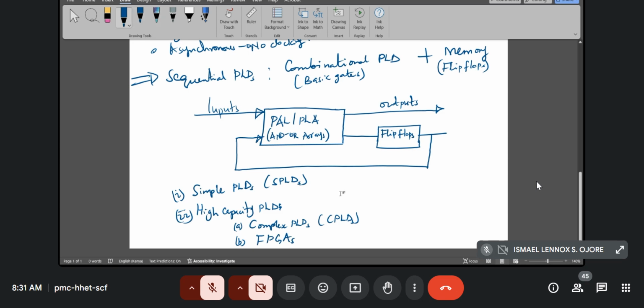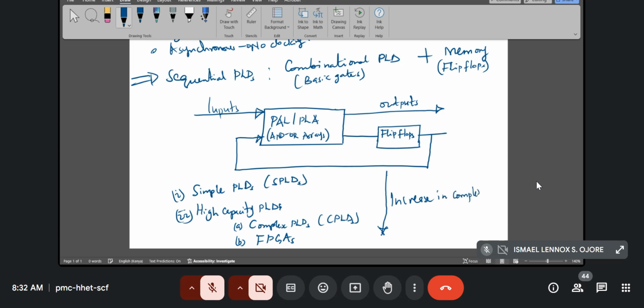So this essentially gives us some of the devices that will fall under sequential PLDs, and from this we can comfortably say that as you progress from simple PLDs to the high capacity PLDs, starting with the complex PLDs and then to the FPGAs, there is an increase in complexity.